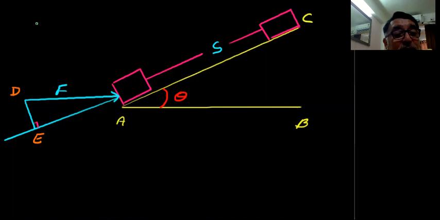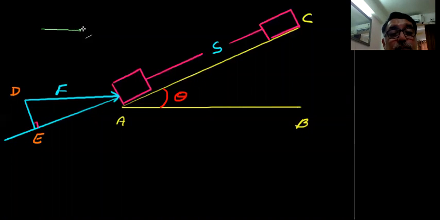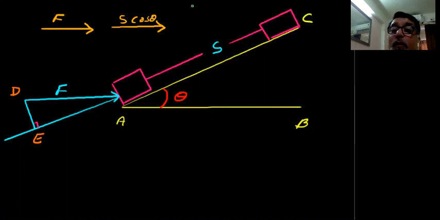So the force was in a horizontal direction, and we found the displacement also in the horizontal direction. This is the direction of the force and this is the direction of the displacement, which came out as S cos theta.